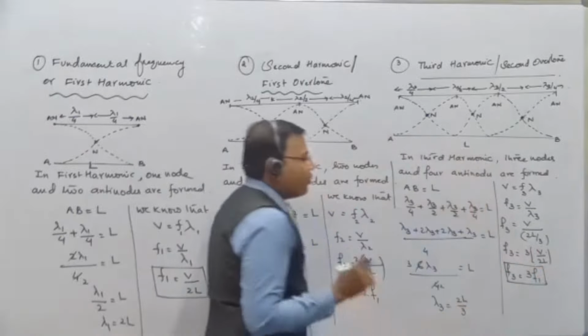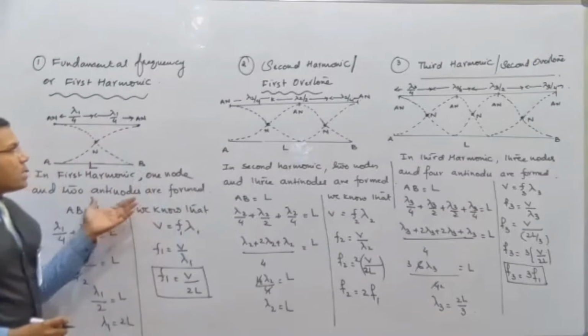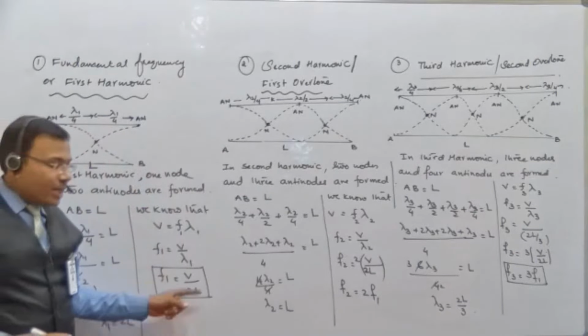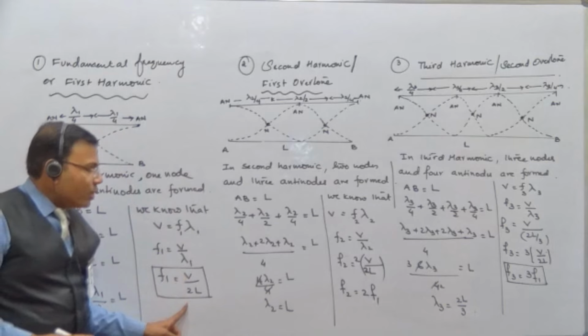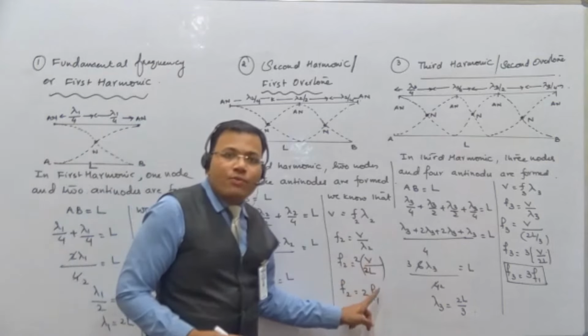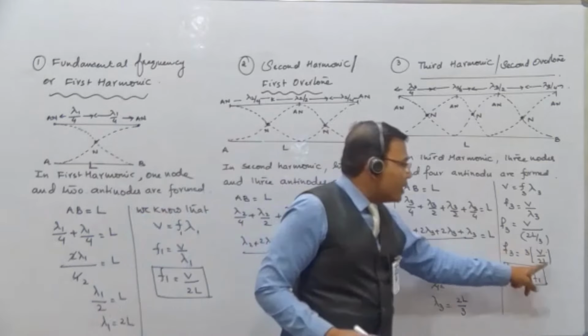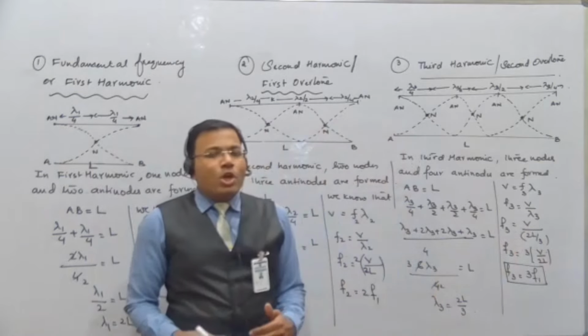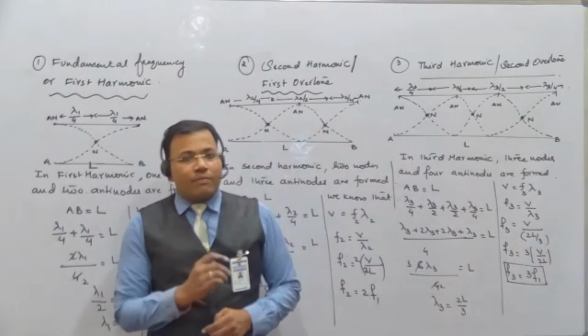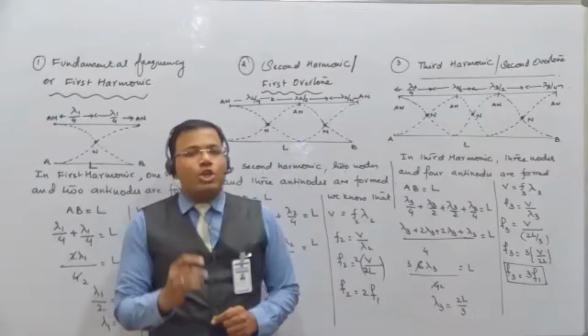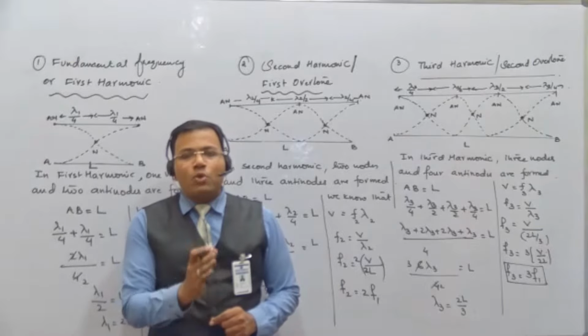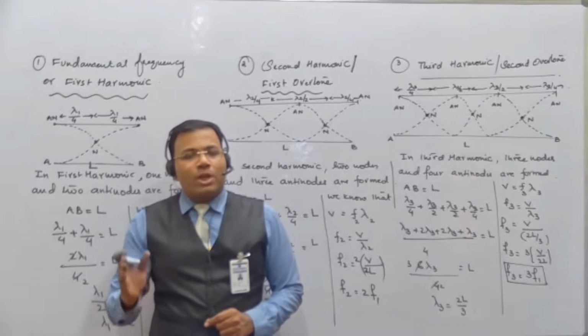Now if you observe, for the first harmonic we are getting V by 2L, that is one time V by 2L. Here we are getting 2 times V by 2L. Here we are getting 3 times V by 2L. So what is the ratio of the harmonics? The very important conclusion I am saying: the ratio of the harmonics in the open pipe is always 1:2:3 and so on.